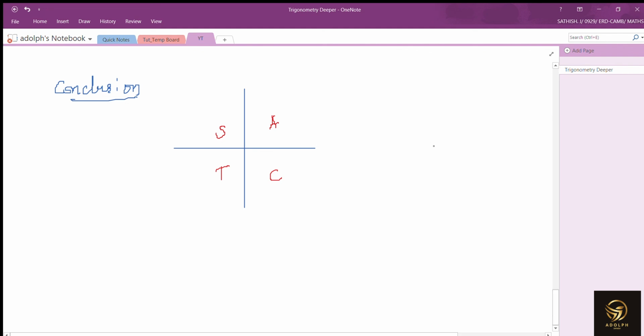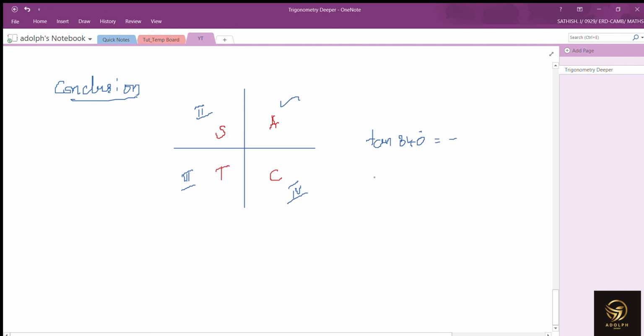Then either you have to put positive or negative, and this information will give you that: all silver teacups, all the ratios are positive in the first quadrant, only sine is positive in the second, only tan is positive in the third, and cos is positive in the fourth quadrant. So maybe if I'm writing tan 340, then since it is 340, I can say that it is going to be a negative value, since only cos is positive in the fourth quadrant.